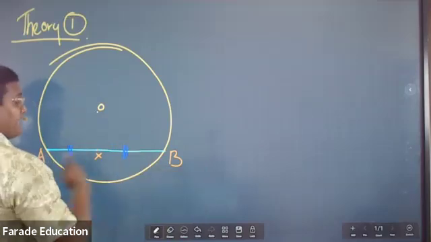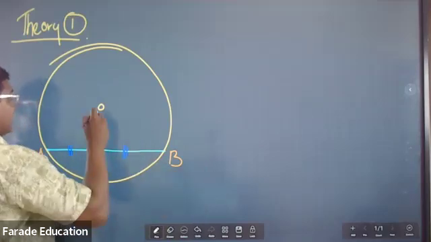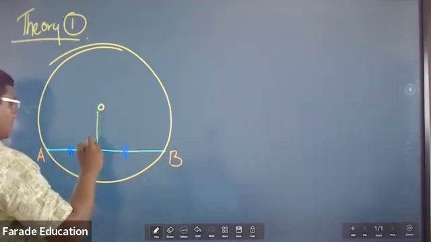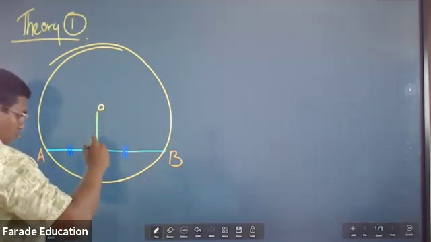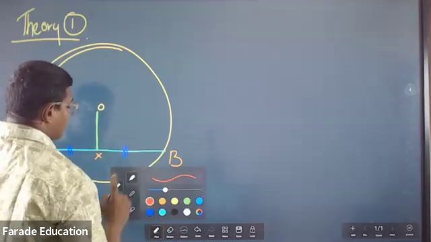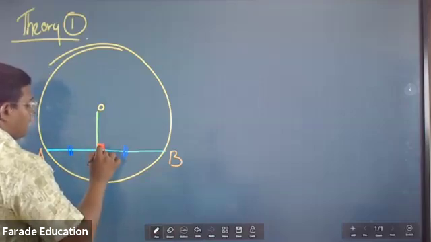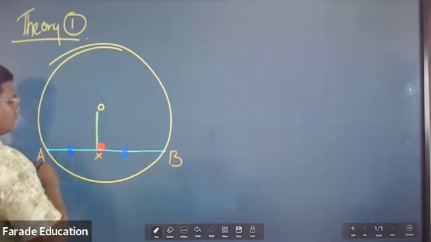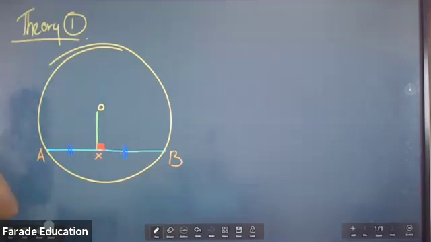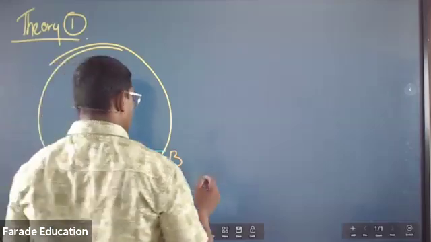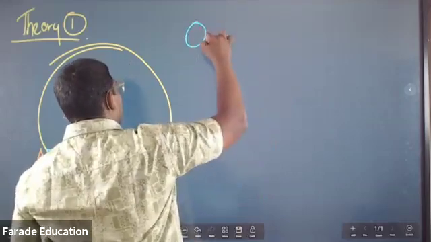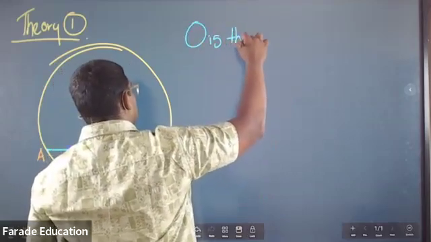When the midpoint of a chord is connected with the center of the circle, this line will be perpendicular to the chord. That is the theory, so I will write the theory here. O is the center of the circle.